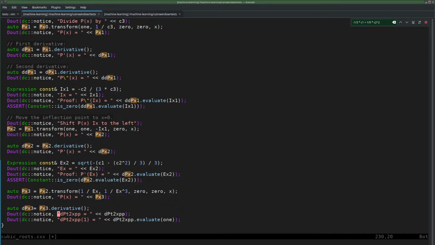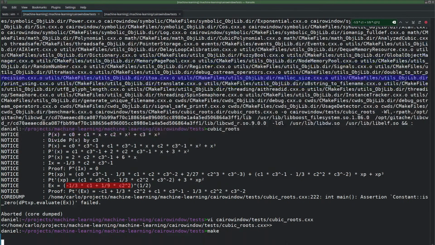And then we can say the derivative is now that, and then I want to show what is that evaluated at 1, where this is the px3. No, probably forgetting something, but if it compiles, oh, I would be happy.